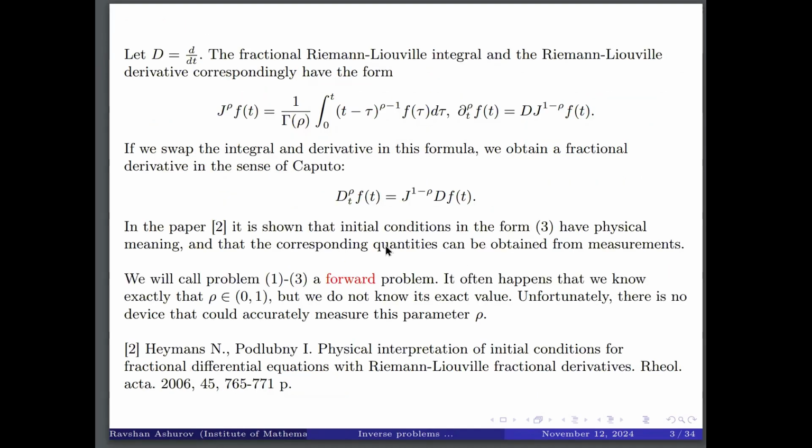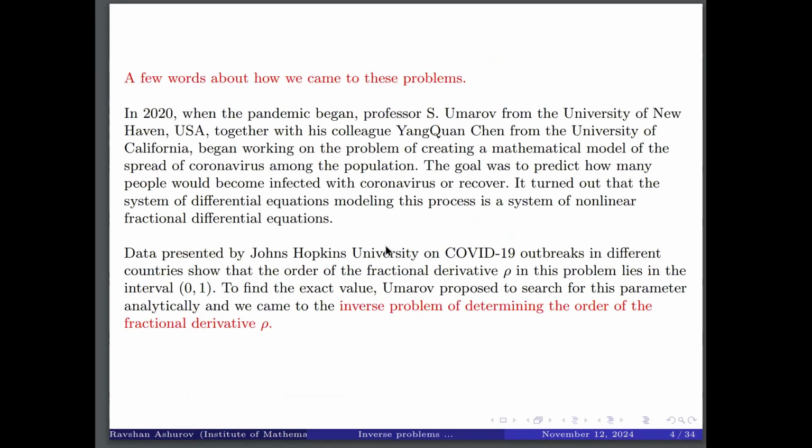So now, how did we come to this problem? In 2020, when the pandemic began, Professor Umarov from New Haven University and Yang Quan Chen from University of California started creating a mathematical model of the spread of coronavirus. It turned out that the system of differential equations which models this process is nonlinear differential equations of fractional order.